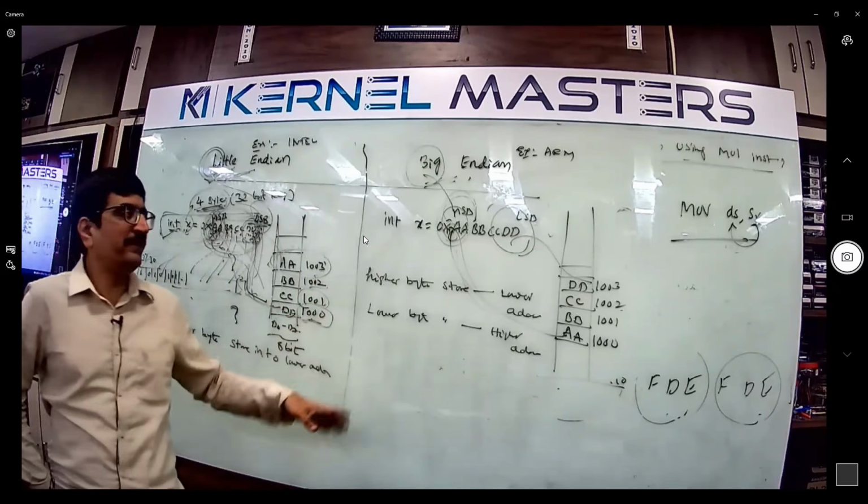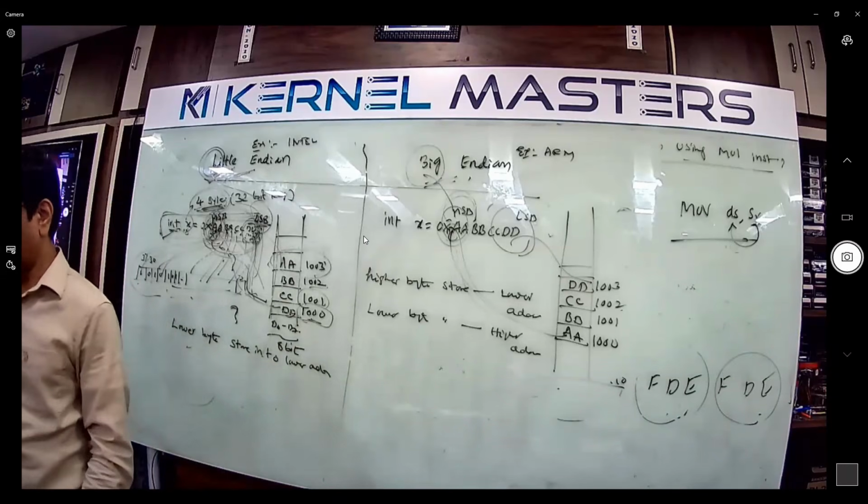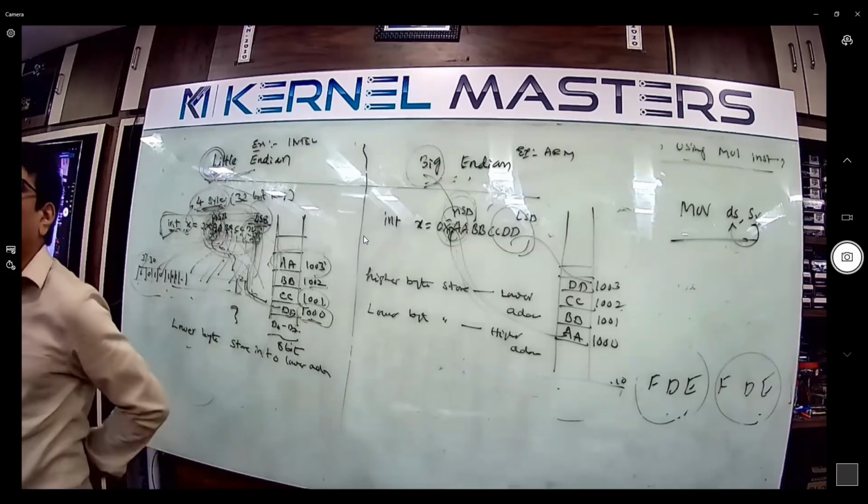So there is no benefit on that. That's my question: because we have to convert the byte order again, it will take more time, no? Why have we chosen Big Endian in embedded?